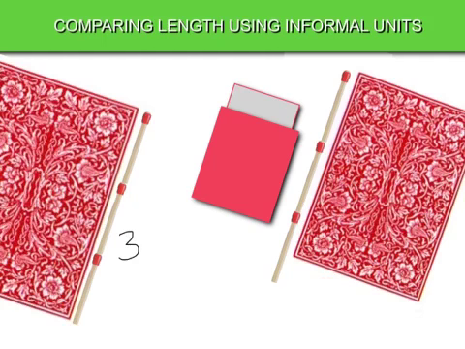So it's a little bit more than 2 matches long, but not quite 3 matches long. So I can definitely say that this card here is longer than the other card. And I can say that this one is shorter. So that's how we compare using informal units.